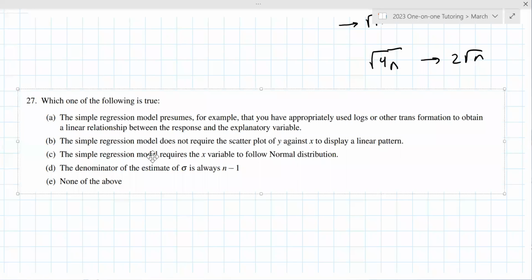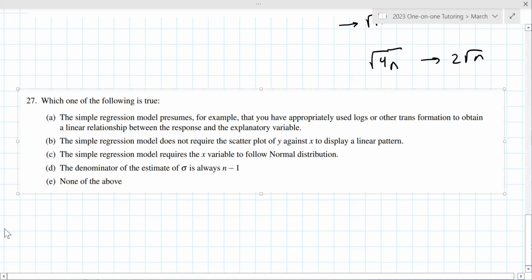Could there be more than one answer? No, there will only be one answer, but none of the above can be an answer.